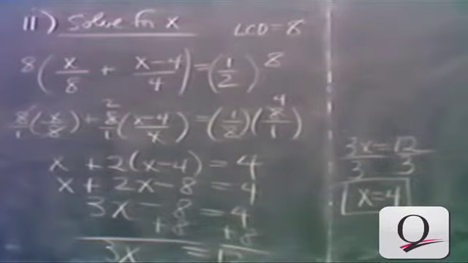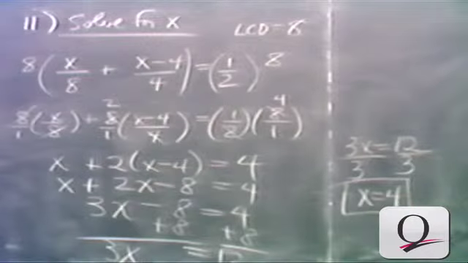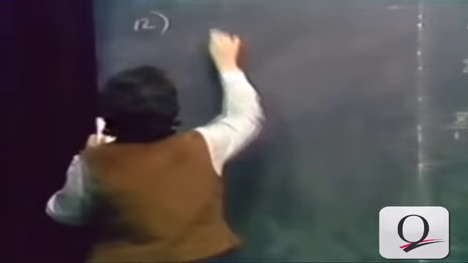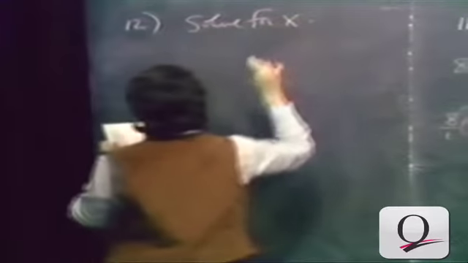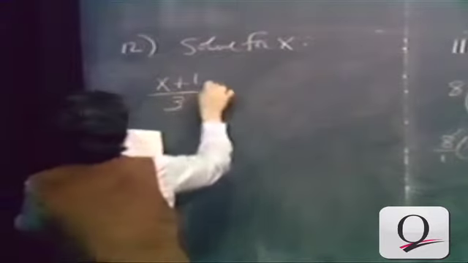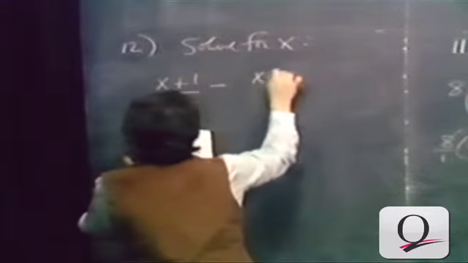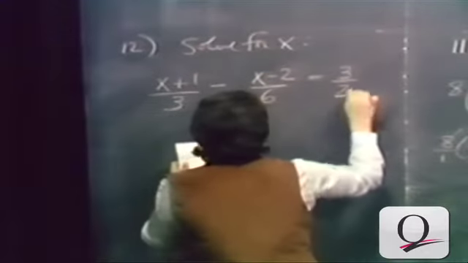I'd like to do one more of these equations with you. Solve for x. x plus 1 over 3 minus x minus 2 over 6 equals 3/2.